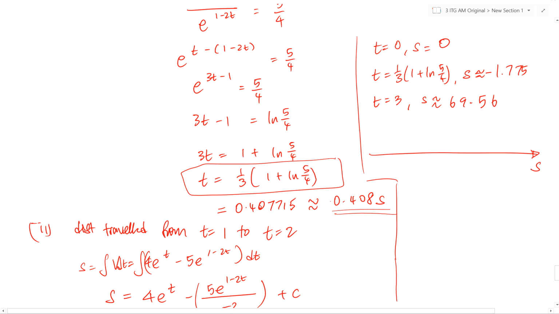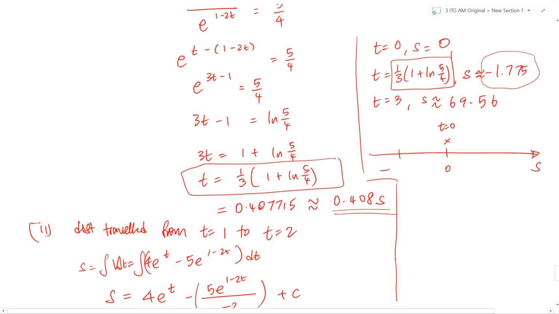Our displacement line again. Starting from 0, when time equals 0, it is found here. Now time is going to increase. The next timing is 1/3 (1 plus ln 5 over 4). What is the displacement? It is a negative value. Where on our axis should we place this negative 1.775? Left side.